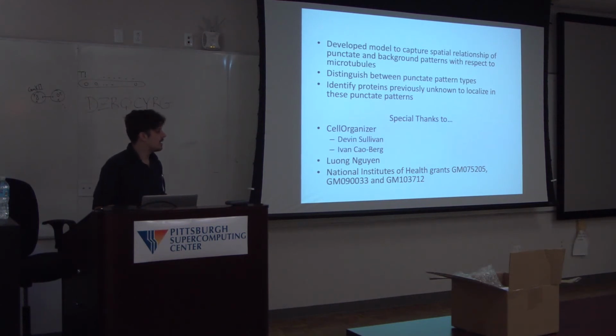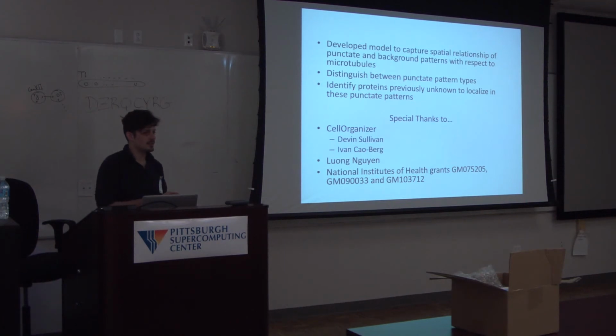And so that's basically a survey of what we've been doing with Cell Organizer. And again, if you guys are interested in what you can do with your data and Cell Organizer, I'd love to talk to you about that this afternoon.